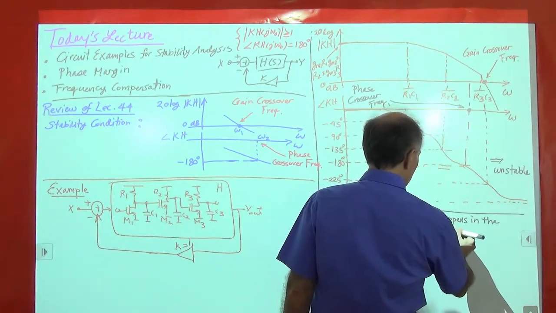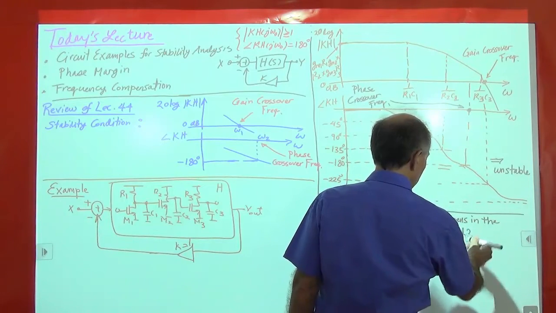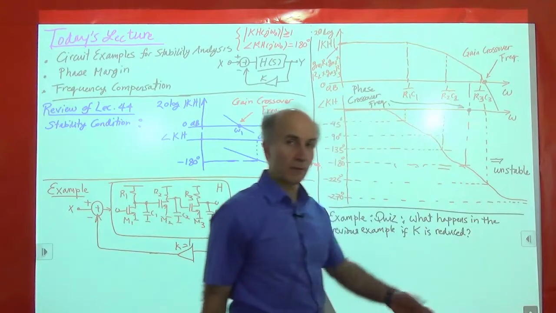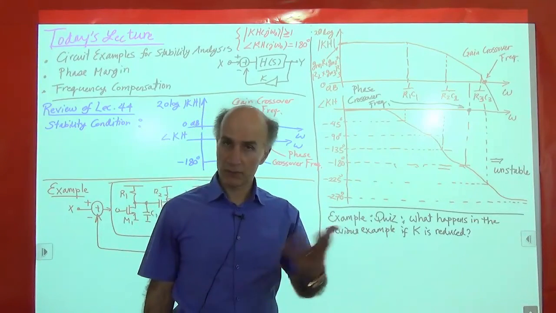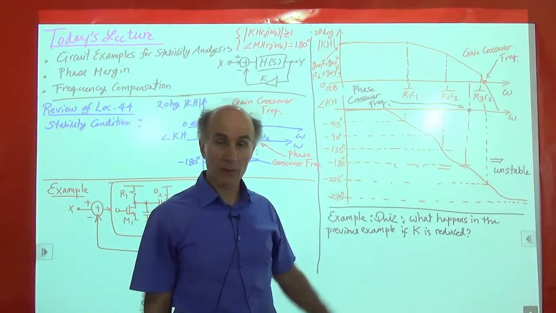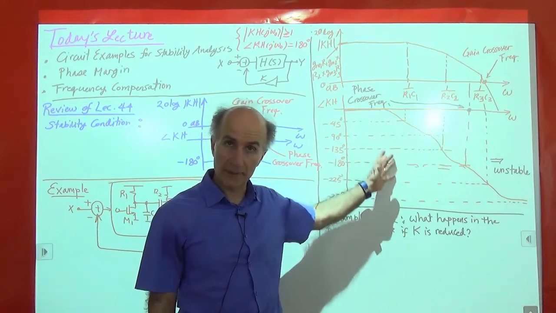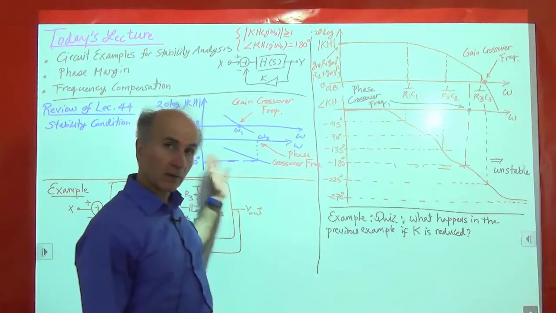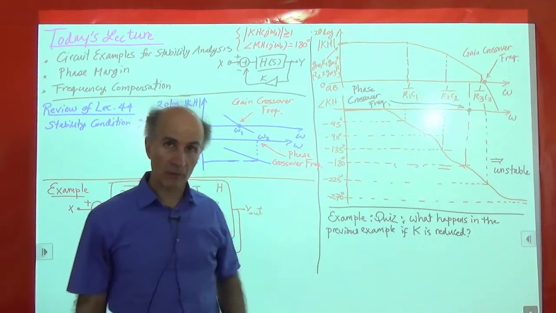So we had assumed K was 1, right? So let's suppose now I reduce the value of K to 0.5 or 0.2 or 0.1, something I want. So we would like to see what happens to this system, right? And what can we predict about the stability of this closed loop system. I'll give you 1 minute to think about it.